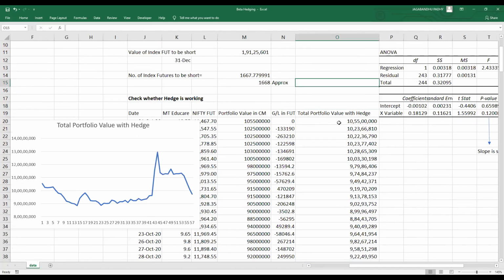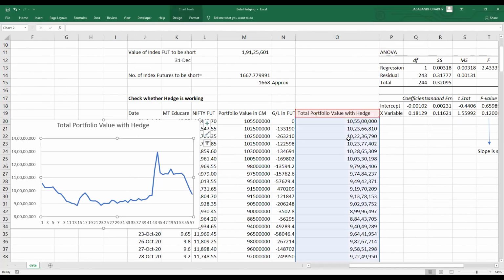I am watching every day's value. If the hedging had worked properly, then every day my portfolio value would have been in and around a similar value. And I made a graph of it to check whether there is a fluctuation or not. I drew the graph of the total portfolio value with hedge, and I see it's not smooth and it's not bounded by some region. It's fluctuating. So it means the hedge objective is not attained.